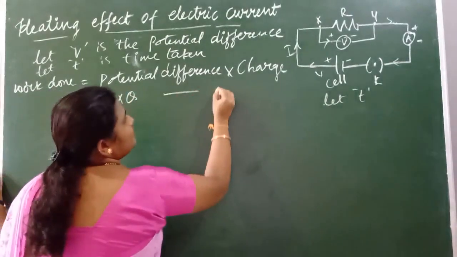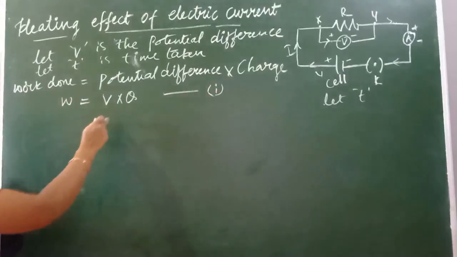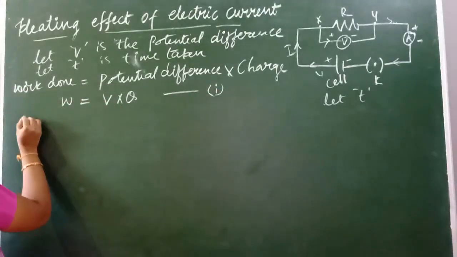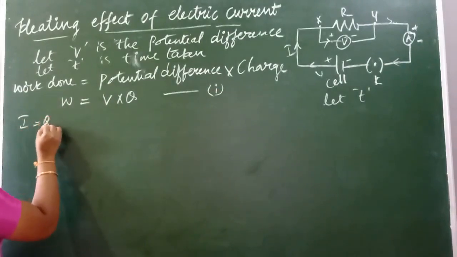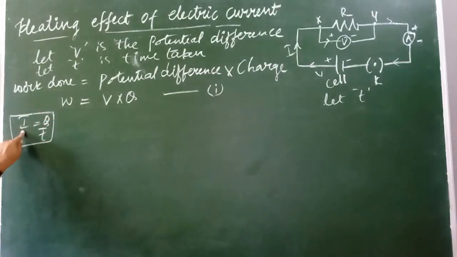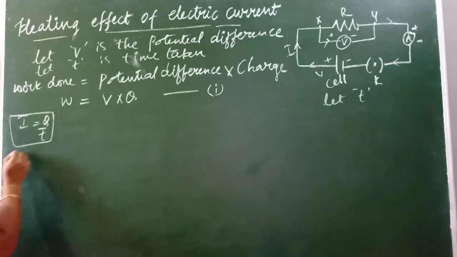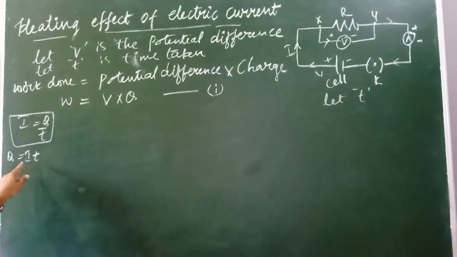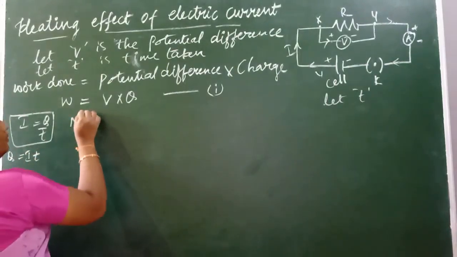Say this is equation 1, children. W is equal to V into Q. We know that I is nothing but Q by T, with the help of the definition of electric current, isn't it, children? I is equal to Q by T. It means that in terms of Q, we write Q is equal to I into T.